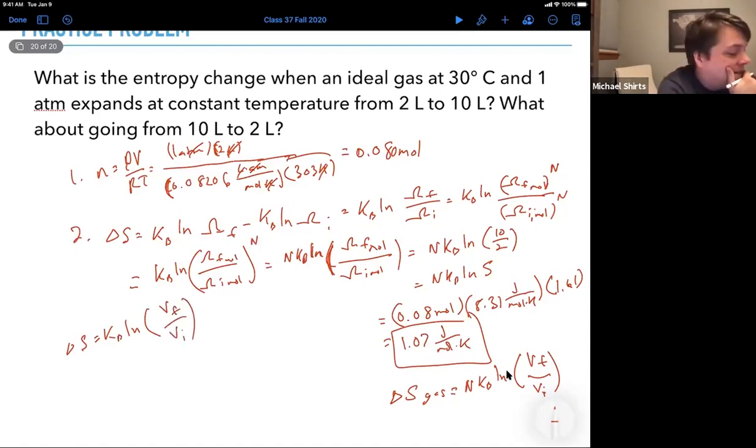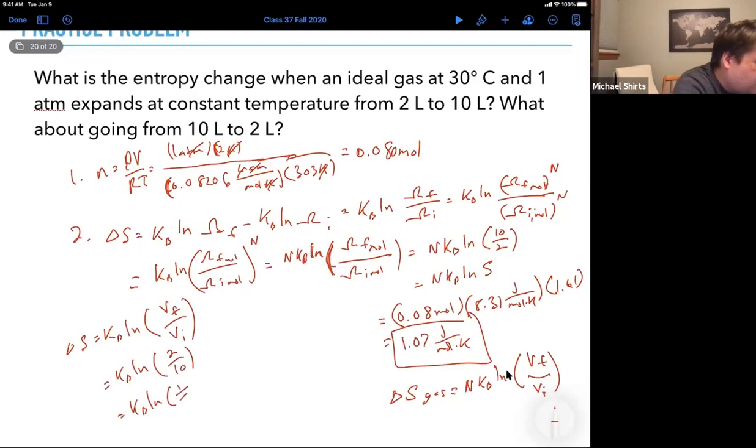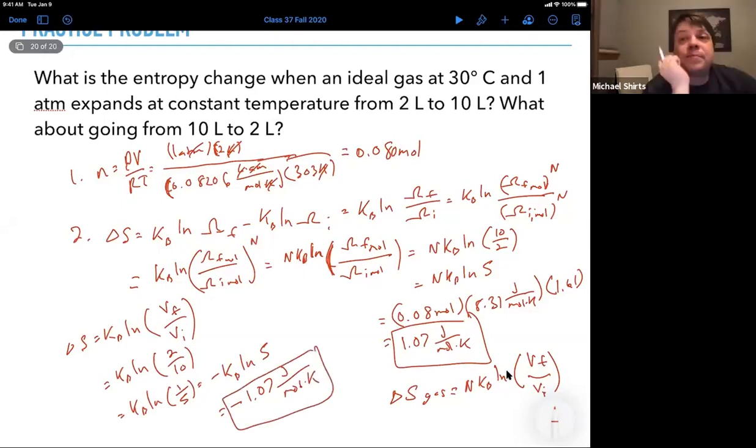With the same gas, now the final is 2 and the initial is 10, so that will be n Kb log of 1/5. But the log of 1 over something is the same as the negative log, so it's negative n Kb log 5. In this case it would be negative 1.07 joules per Kelvin, which is what we'd expect: the entropy change in one direction is exactly minus the entropy change in the other direction.